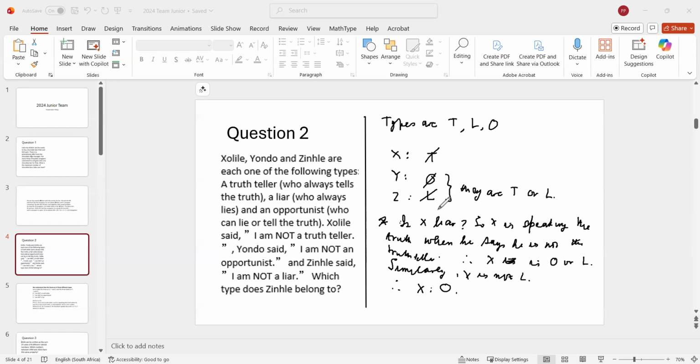Okay, now let's have a look at Z. Suppose Z is not a liar. Z is not the liar. Now we said that it's going to be T or L. So therefore Z is T. And so what he is saying here, when he is saying that he's not the liar, he's speaking the truth.